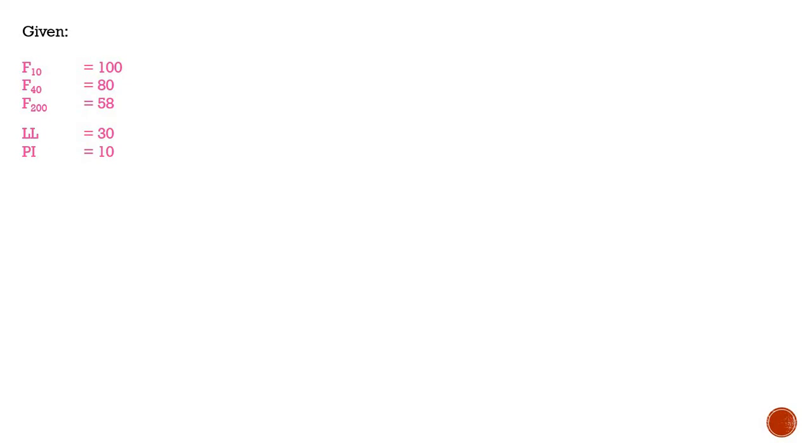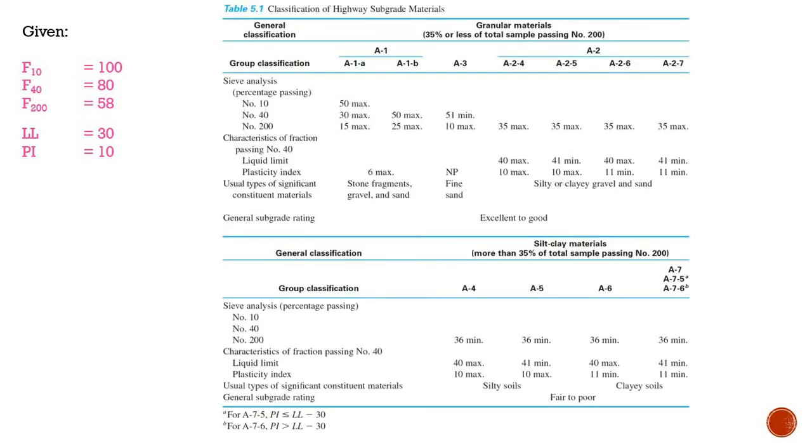So, going back to our example, F10 is 100, percent finer at number 40 is 80%, percent finer at number 200 is 58, our liquid limit is 30, and our plasticity index is 10. So, first we have to check if it is a granular material or if it is silt material for us to know where to begin classifying.